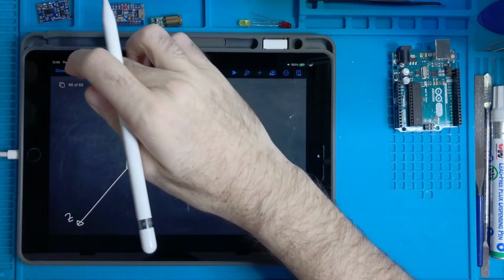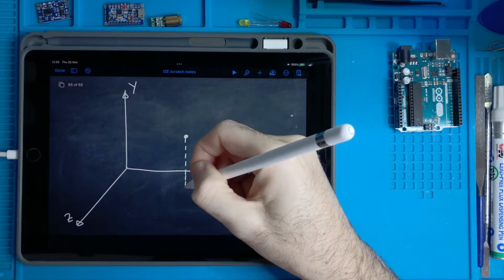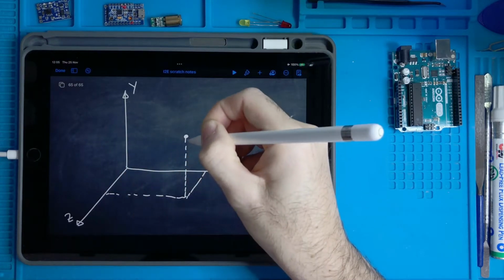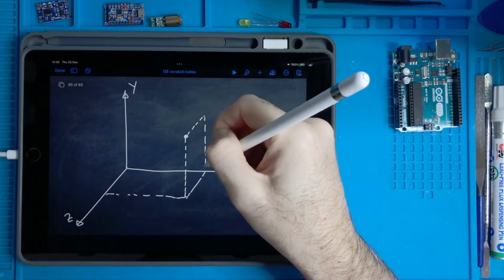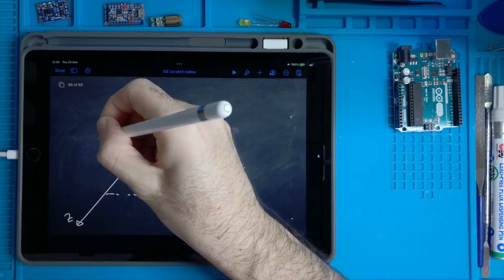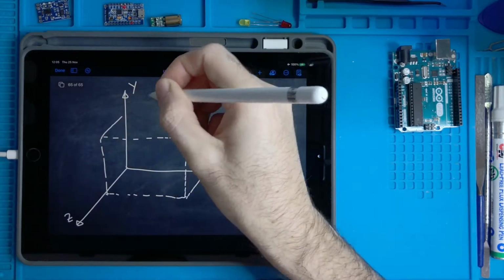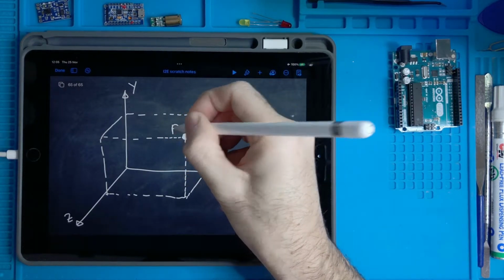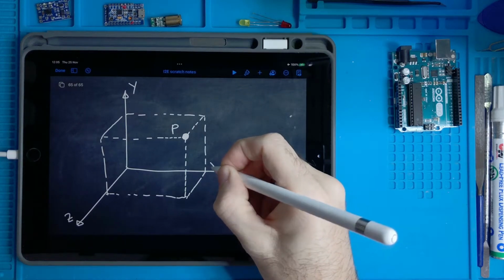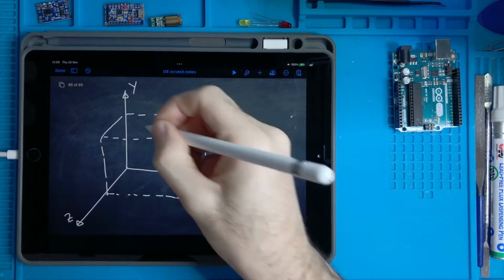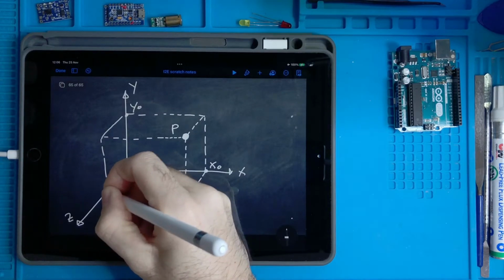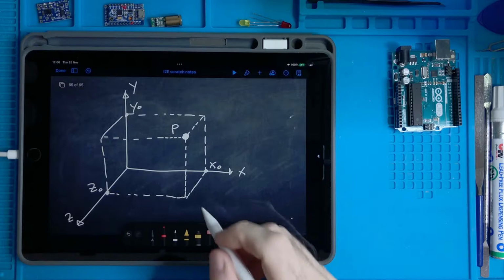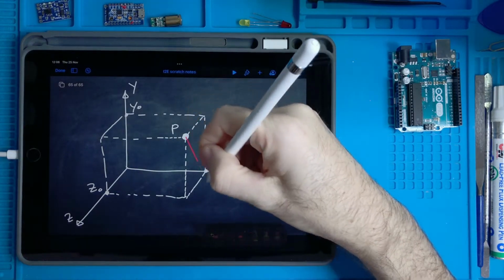So let's say that this is the point we want to consider. Okay. So this point P has coordinates x0, y0 and z0.